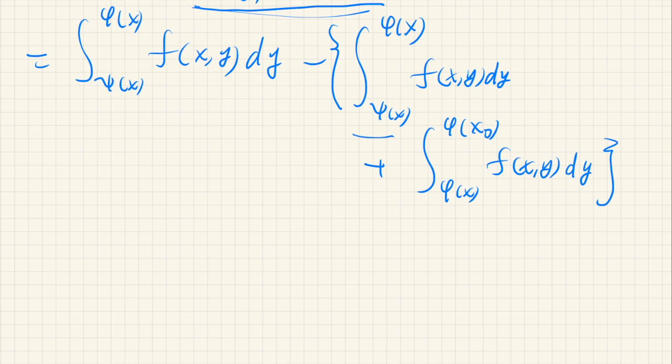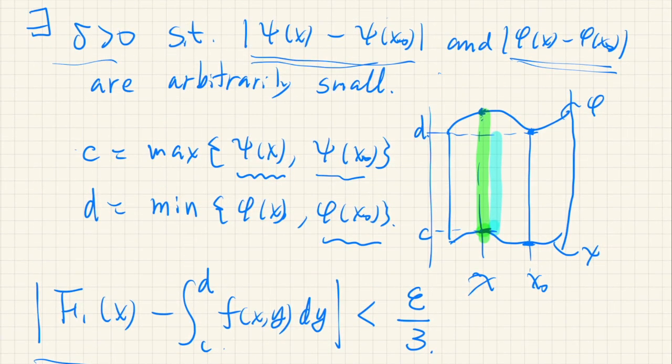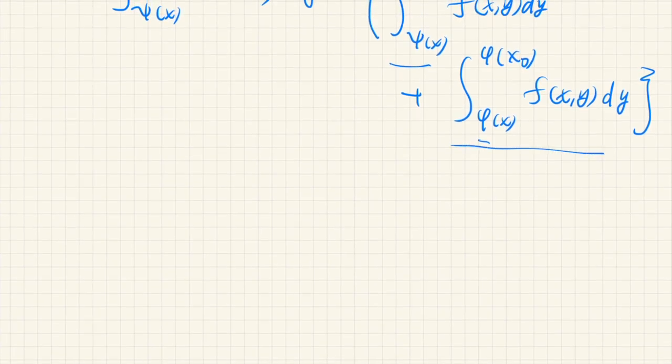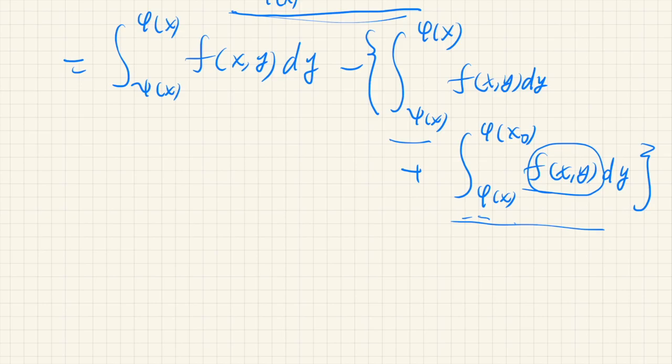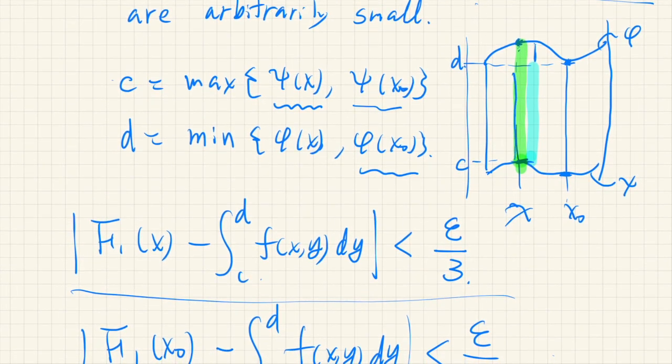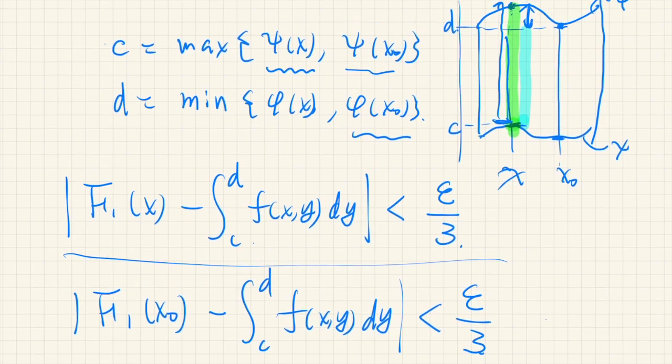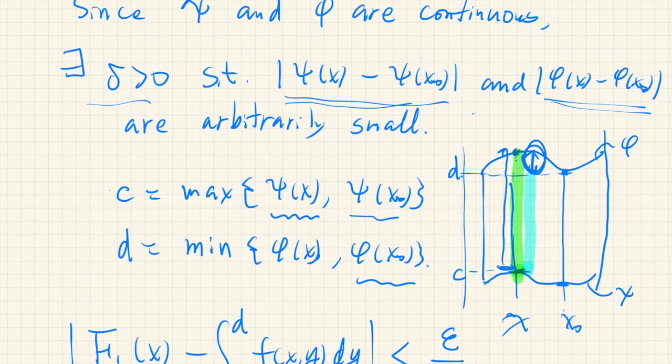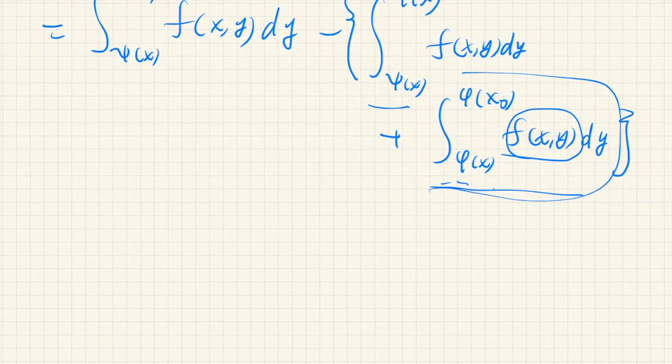So here the lower bound is phi of x, so that is actually larger than this one. So this integral should be, assuming this function is positive, then this integral should be negative. So we first integrate from here to here, then subtract this part. Okay, so this part corresponds to this integral.